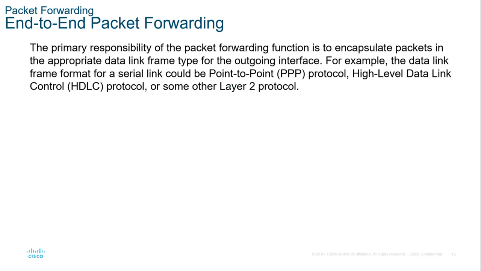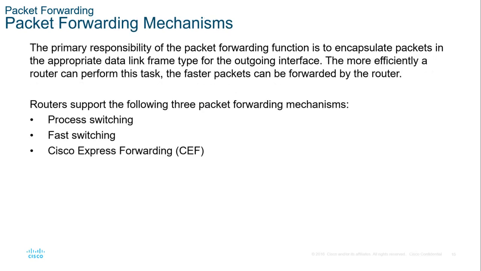The data link frame format for a WAN link could be point-to-point. For point-to-point, it's different because it's a serial link, with HDLC (High-Level Data Link Control) and some others. So the MAC addresses are not changed; it just forwards to the next. But if you're using an Ethernet LAN, then they do change.